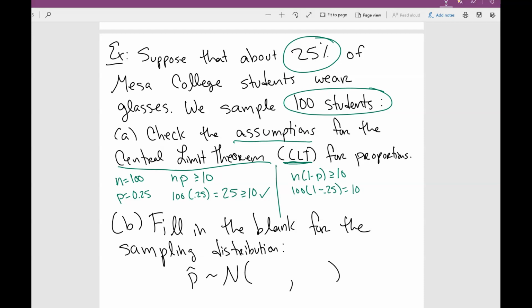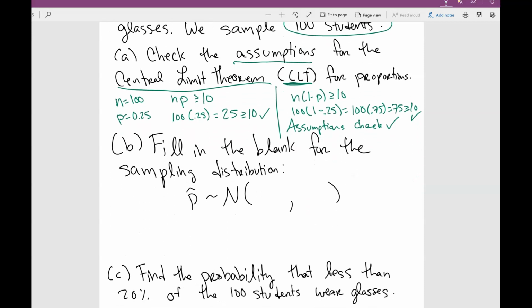This is equal to 100 times 0.75, which is equal to 75, which clearly is greater than 10. So they both check. Assumptions check. Perfect.